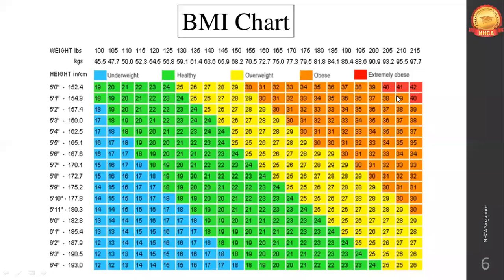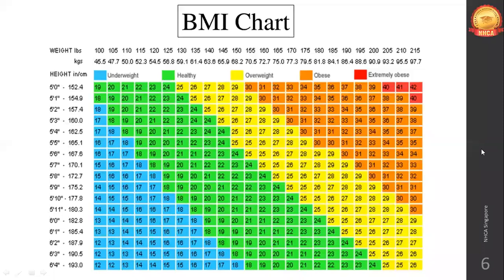Then we have the BMI. What is the full form of BMI? Yes, body mass index. And put down the formula for it. It's the most commonly used formula to assess the ideal weight for a person's height.